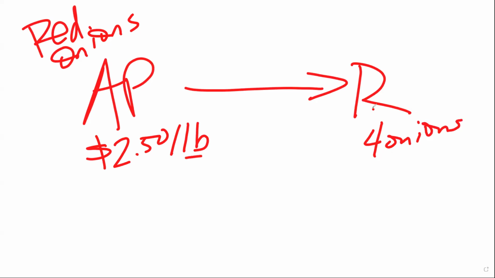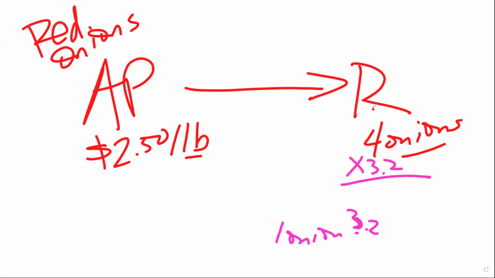Well, pounds and onions obviously don't match. In the semester project notes, I've given you some information that on average, let's say each onion weighs 3.2 ounces. So if one onion is 3.2 ounces, then multiplying by the 4 onions, I get 12.8 ounces.